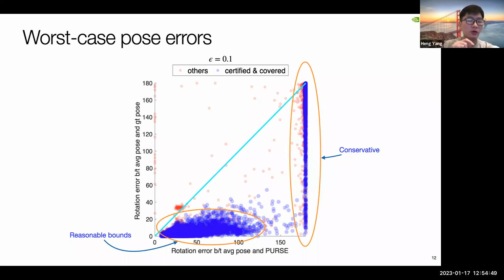I conjecture those are the cases where the pose set is empty. When the pose set is empty, there's no single point in that set, so I cannot give you any error bound because the optimization problem is not even feasible. So those are the cases where you know that your pose set is actually empty. That's the 90% confidence case.